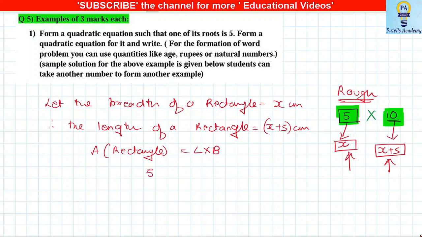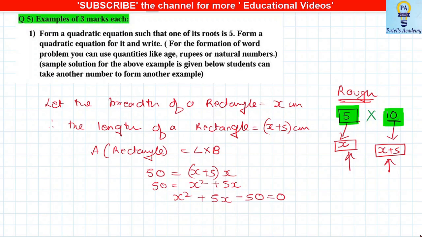Area is 50, length is x plus 5, into x. So 50 equals x square plus 5x. After shifting 50 to that side, we get x square plus 5x minus 50 equal to 0. So we got this as the equation.